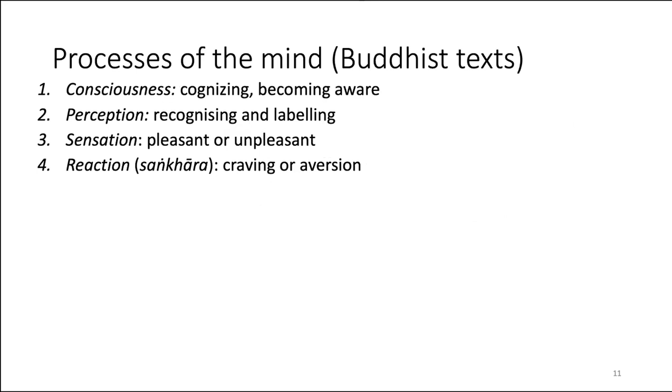Before jumping into the model, I just need to introduce one more concept here, which is important and central to the model. According to Buddhist thought, when a person is faced with an external event or external stimulus, the mind goes through 4 processes, which might happen in an instant, but anyway, conceptually, you can think of it as first becoming conscious of the event or just aware of the event.